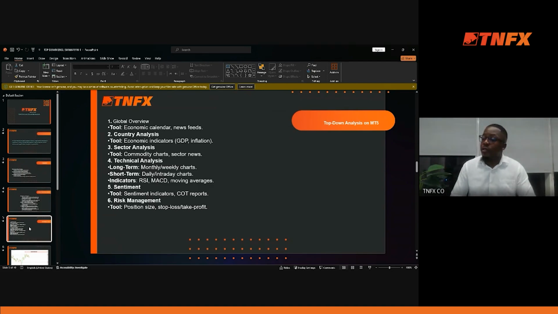Short term, like we said, it's daily, intraday, 5 minutes, 1 minute, scalping in and out, not holding positions for a long time. And this is good for swaps and all that. But different types of people have got different preferences. Then we've got indicators like RSI.